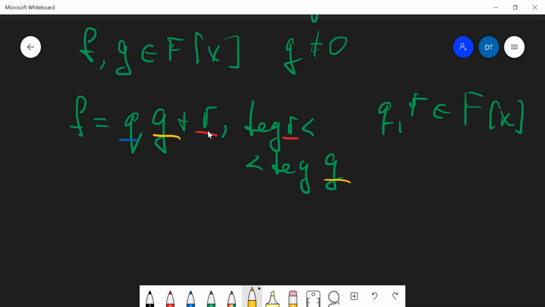And if the degree of r is strictly smaller than the degree of q, then we consider this as a division of f by q. Well, if both assumptions hold, then you may think that this is a division with a remainder with respect to q or with respect to g, doesn't matter. But the important part is what appears here is the divisor.